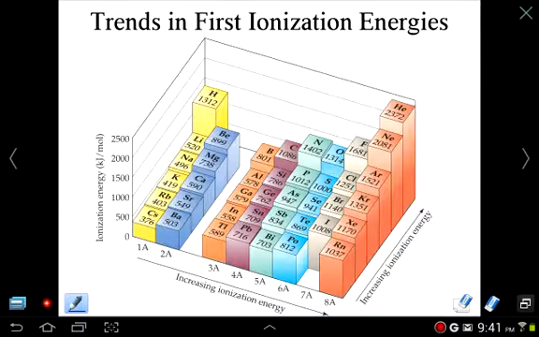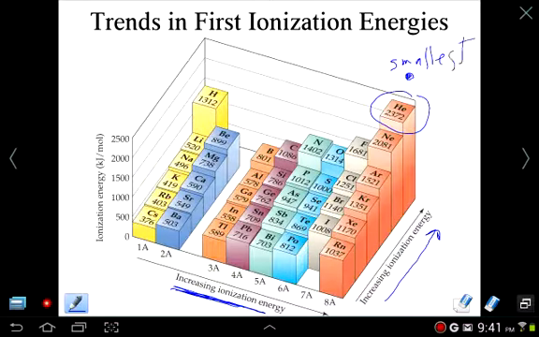So in general, the trends, as you can see in this graphical depiction, are as you go toward the right, you increase the ionization energy as you go across a period, and as you go up a group, you also increase in ionization energy. So helium, for example, has the highest ionization energy. If you recall, helium was also the smallest of the atoms, which means the smaller you are, the harder it is to remove an electron, which is true.